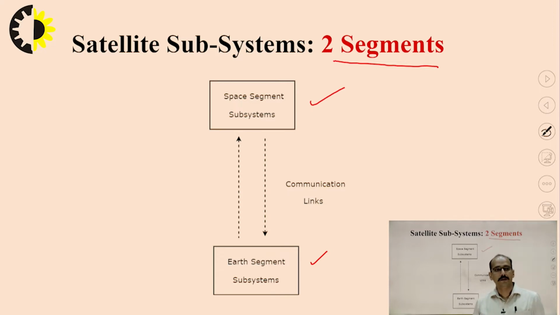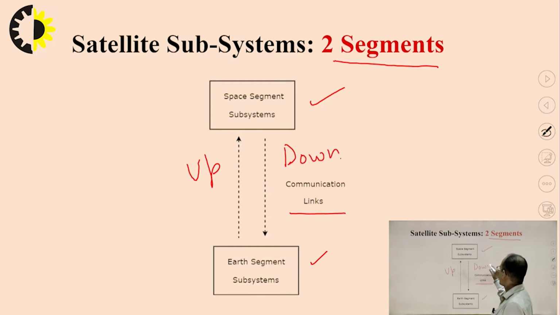And between both of them, there is a link that is called the communication link, in which one is uplink and the second one is downlink. These both links are used to transmit the signal towards the satellite, and for receiving purpose you use that downlink channel.